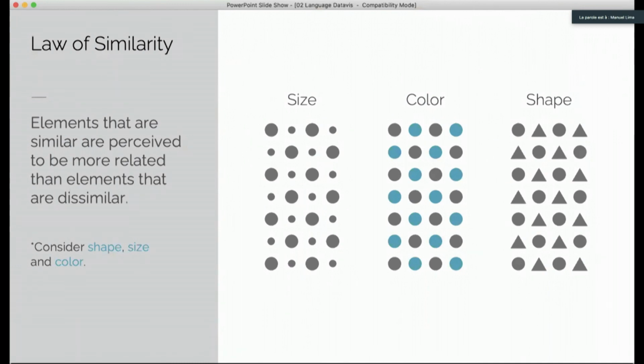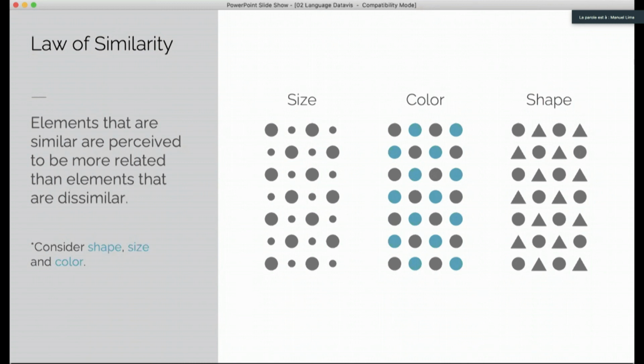So we can understand and we can see the Gestalt effect in various ways that are absolutely critical to how we design, right? One of them is the law of similarity. And this tells us that elements that are similar are perceived to be more related than elements that are dissimilar, okay?